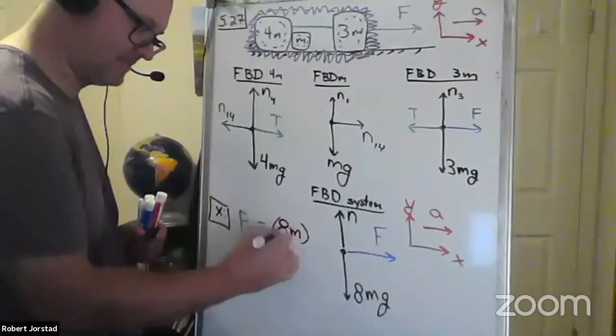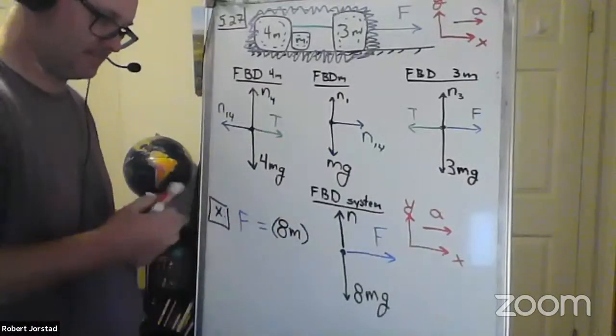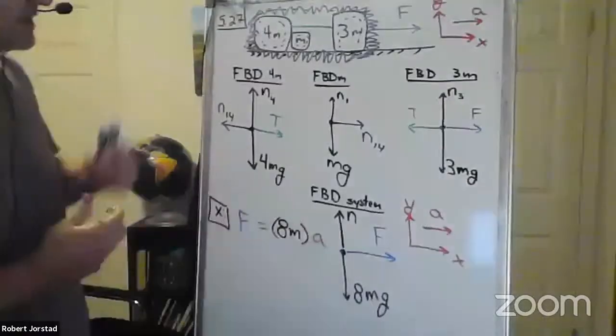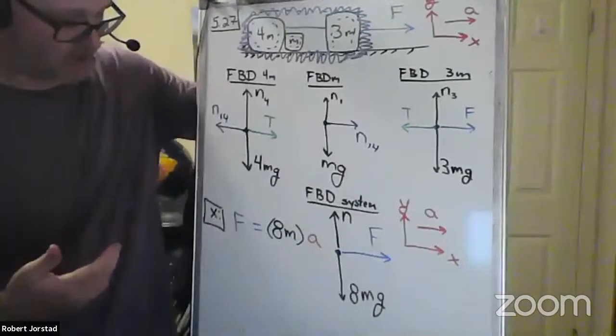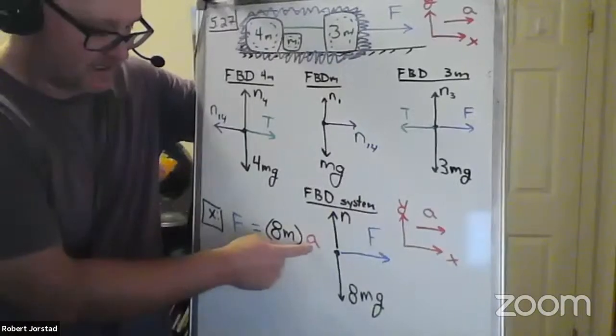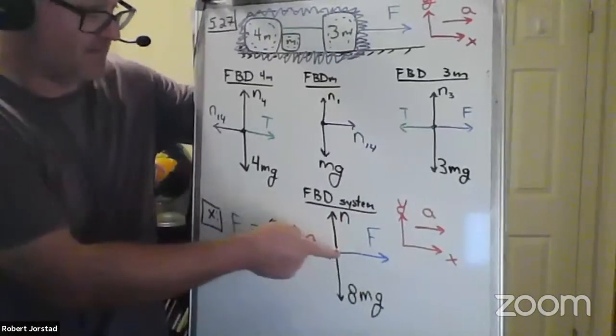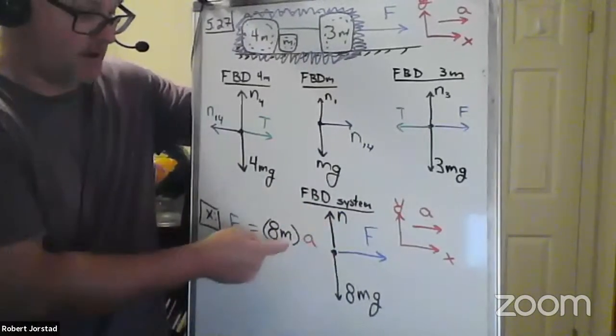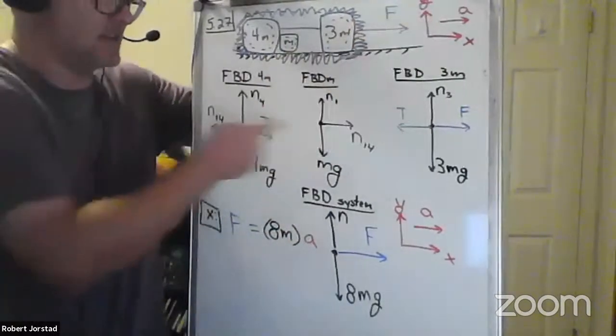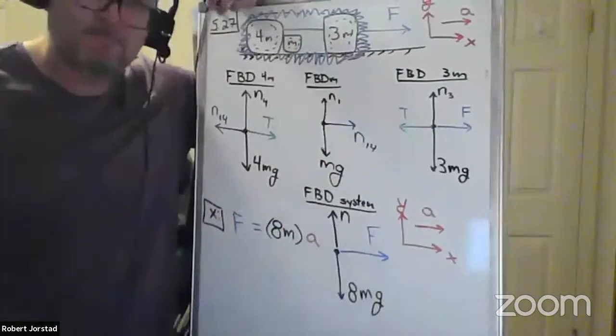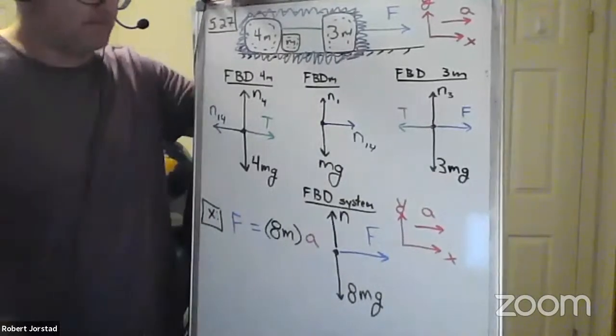It's 8ma. 8m, because that's the mass of the system times the acceleration. Right? And so we see this is the trick in this problem. It's very easy to get the acceleration from a System Fbd, which you could then use that known value of the acceleration in these other Fbds to find a normal force or the tension.